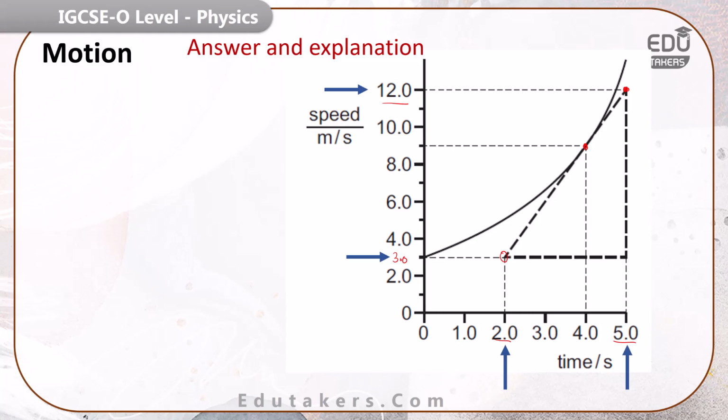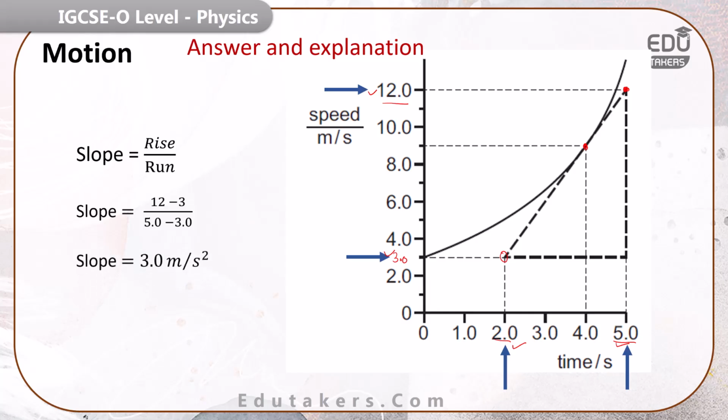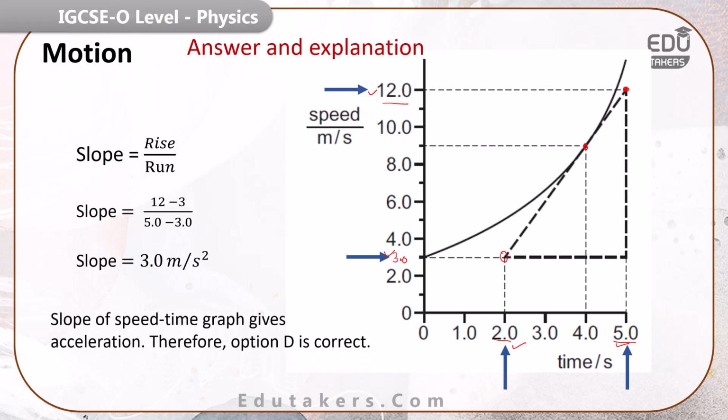So you have to find the gradient. Use the formula of the gradient or slope. Here in this case, rise is 12 minus 3 and run is 5.0 minus 2.0. Just put in the values and you get the slope, which is 3.0 meter per second square. It means that the gradient for that speed time graph is equal to 3.0 meter per second square, which is equal to acceleration.